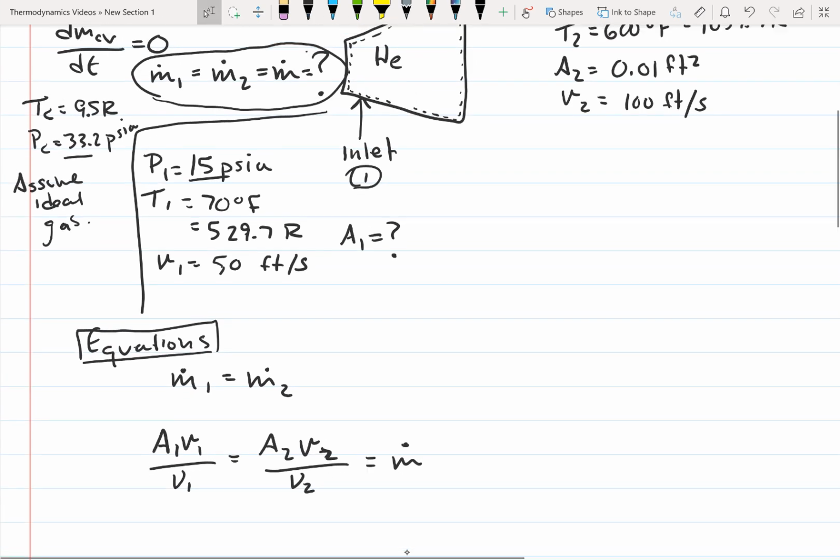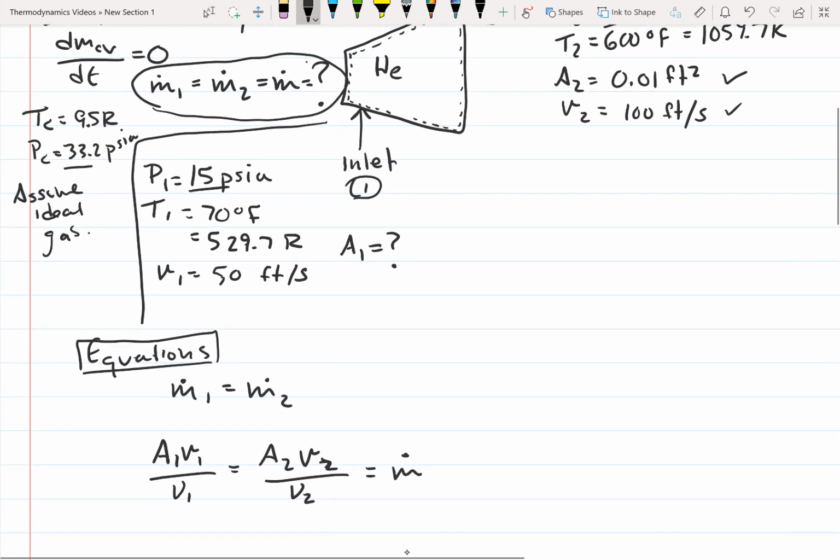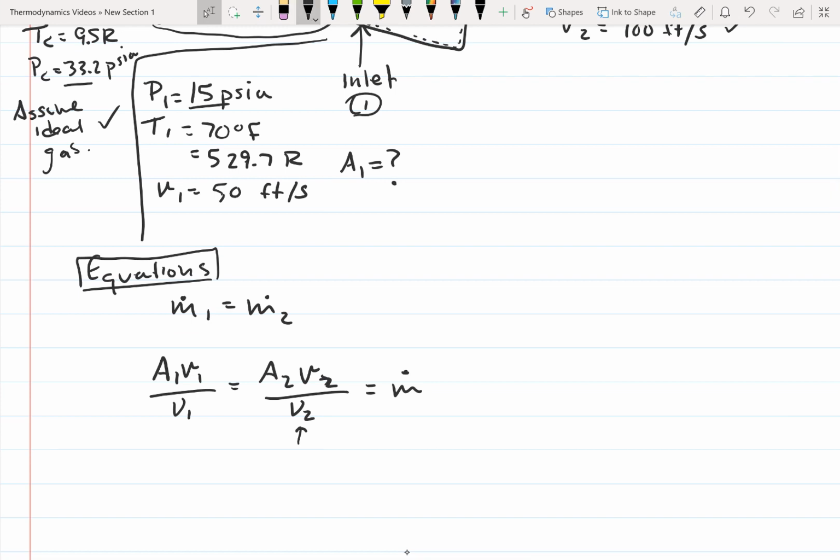Let's look at the outlet. We know what the area at the outlet is. We know the velocity. And we know that it's an ideal gas, so we can calculate the specific volume. Basically, we're going to use the ideal gas law. So Pv is equal to RT, then the specific volume is equal to RT2 over P2.